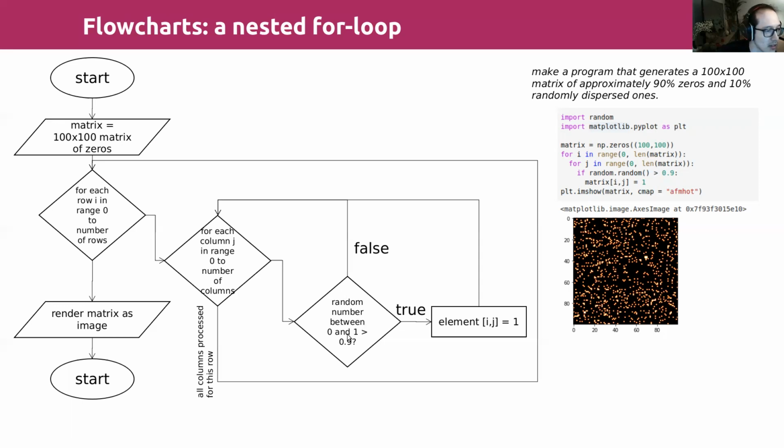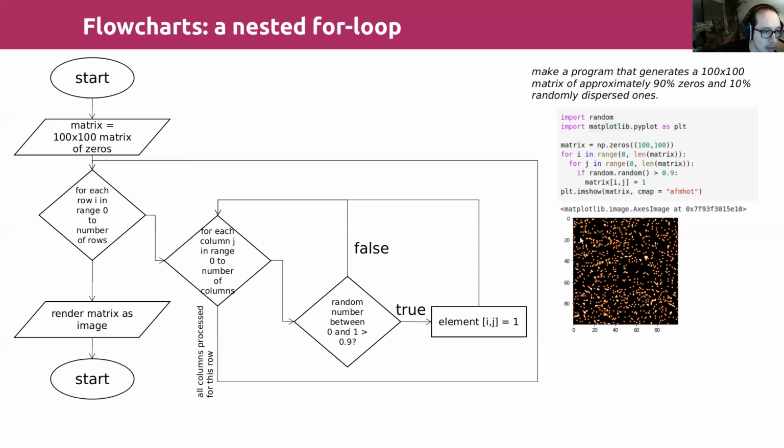So we can do this, and maybe it turns out to be 0.93 randomly, and so this satisfies the condition. In that case, we would modify the element ij from this matrix, convert it into a 1, and then go back to the top of the inner loop and do this again for every single column. Only when we've processed all of the columns would we finally go back to the top of the outer loop and move on to the next row.